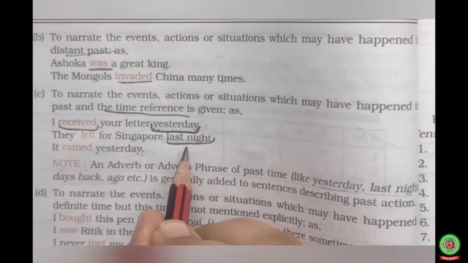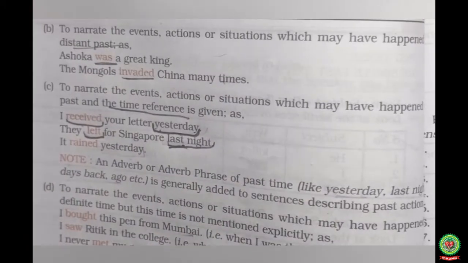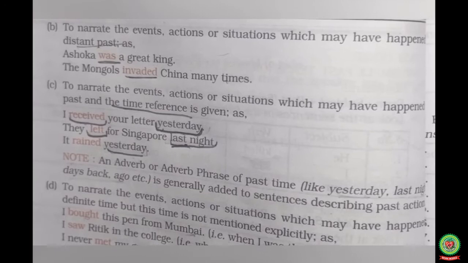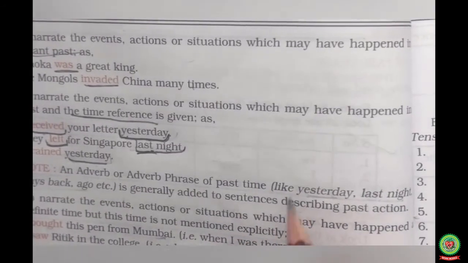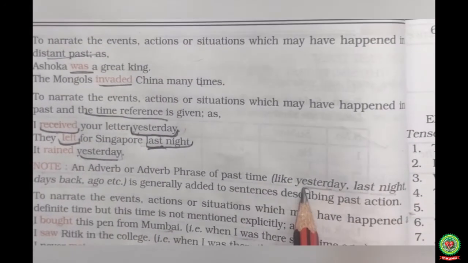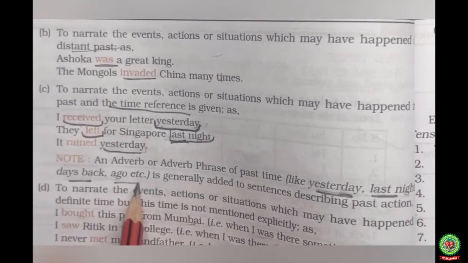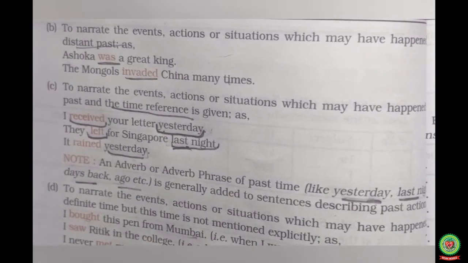From this word last, you come to know that you have to use simple past tense. It rained yesterday. Again, yesterday. You will know now that you have to use rained here. So here in your notes, they have given again the same thing which I have told you, that the words yesterday, last, days back, ago, etc. will help you to know that you have to use simple past tense.